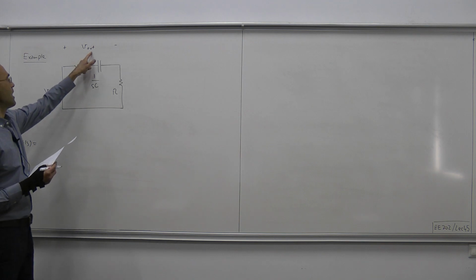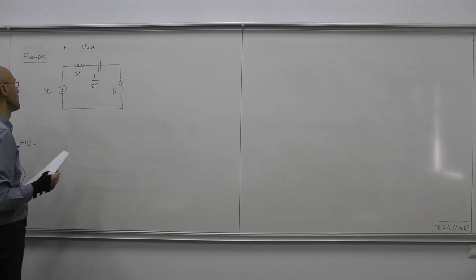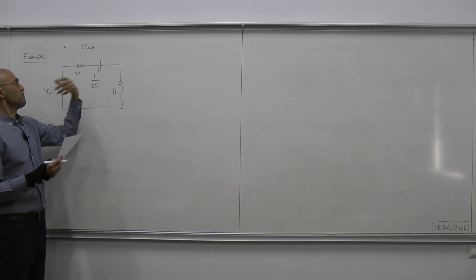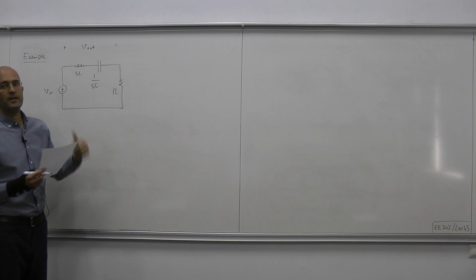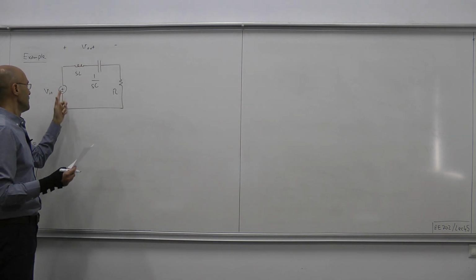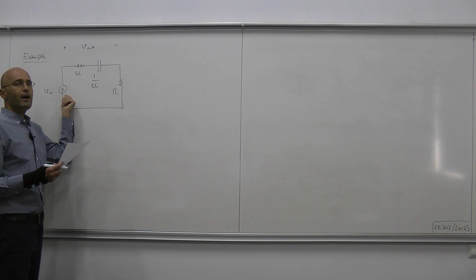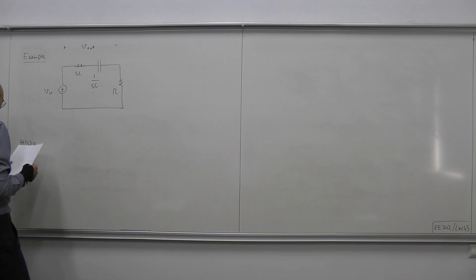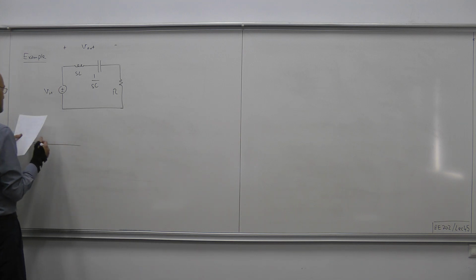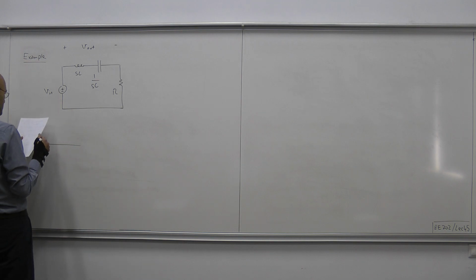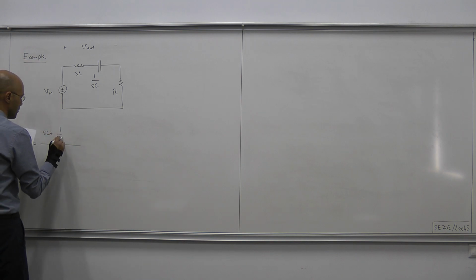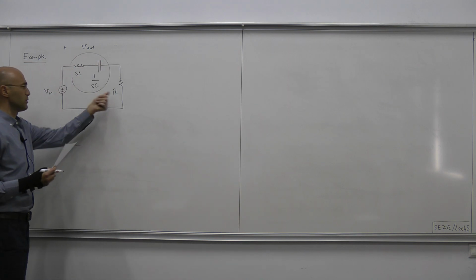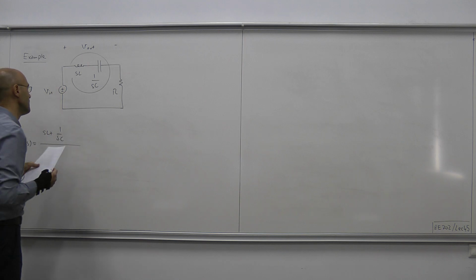The transfer function V out of S divided by V in of S is simply the equivalent impedance made by the inductor and capacitor connected in parallel, divided by the overall impedance seen by the input. So what we have is SL plus 1 over SC, that's this impedance Z, divided by Z plus R. That's the overall impedance seen by the input.